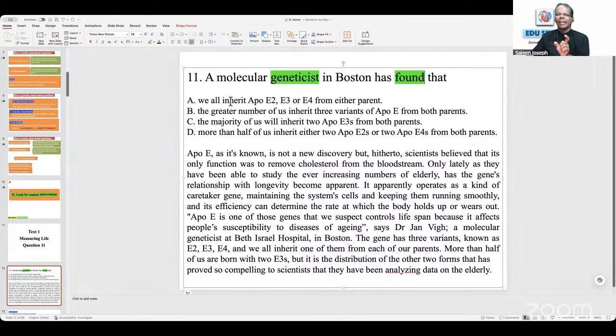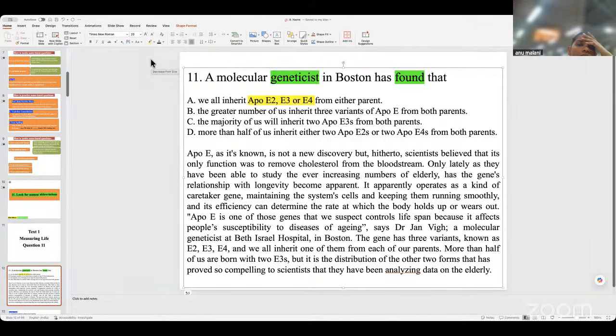Option A: We all inherit a ApoE2, E3, or E4 from either parent. What do you have to highlight? E2, E3 or E4. This can be highlighted, right? Father, I'm sorry for interrupting, I didn't understand what you last said, the subject in the question.